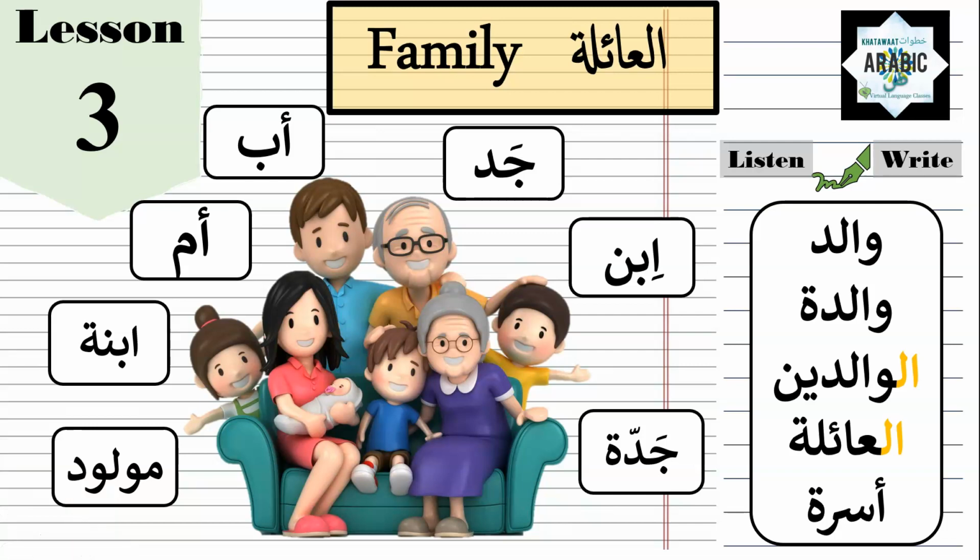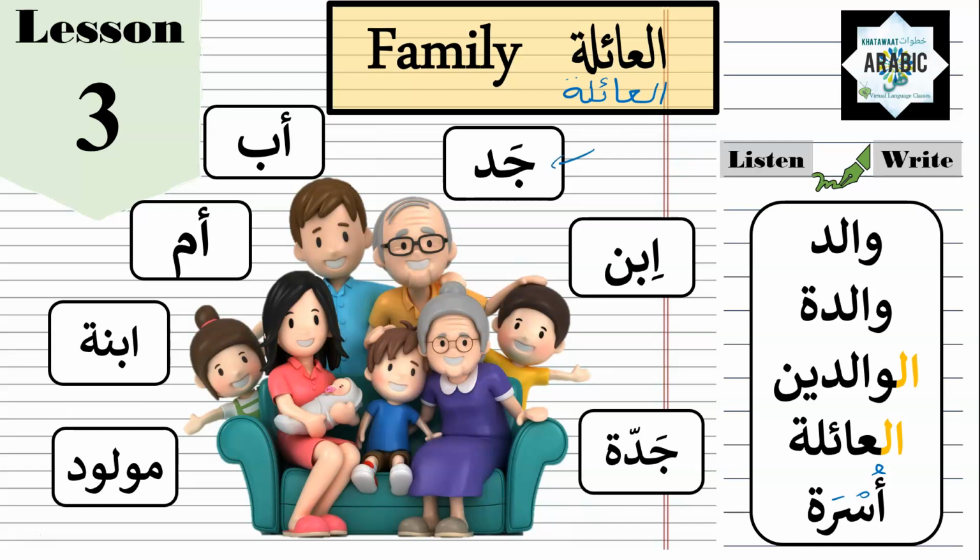So we have to say Al-A'ilah, like you could see it here. But if we're referring to a smaller family, Usra. When I say smaller, I mean just dad, mom, and siblings. So Usra, but Al-A'ilah has larger family members, grandparents, aunts, and uncles, and so on.